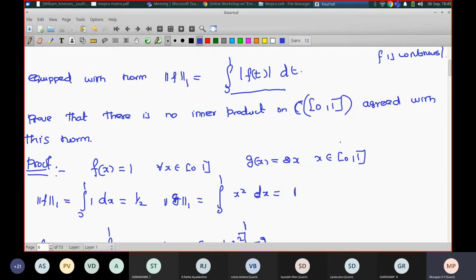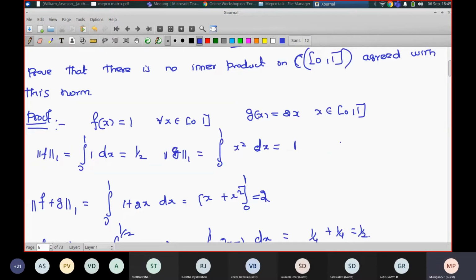Then by the parallelogram law, any inner product on a vector space gives a normed linear space, and that norm satisfies the parallelogram law. So you can verify whether this norm satisfies the parallelogram law or not, because if it is an inner product norm, then definitely it satisfies the parallelogram law.